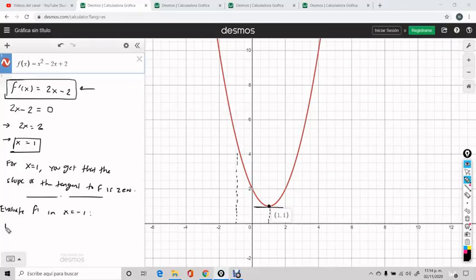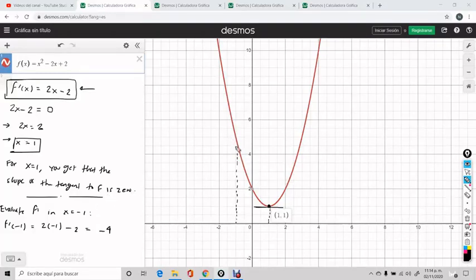So let's do it. f prime of minus 1 will be equal to 2 times minus 1 minus 2. And what do we get? Minus 2 minus 2, we get minus 4. Okay, and what does that tell me?